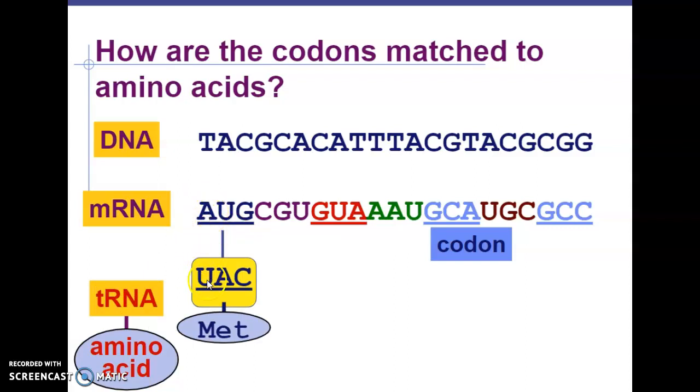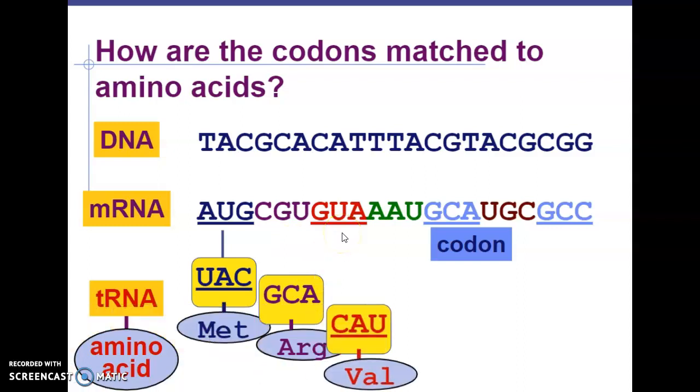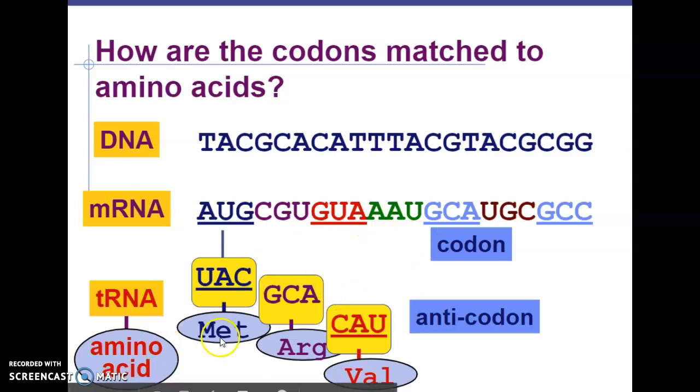So for every A, this is RNA, so you're going to have a U. The U is going to be an A. The G is going to be a C. So you're going to have these letters that are the opposite complementary side of the RNA, bringing in a new amino acid. Those are referred to as anticodons. Why? Because they're the opposite of the codons. That's simple. So you can see each one is bringing a new amino acid in. Those will be connected to create protein.